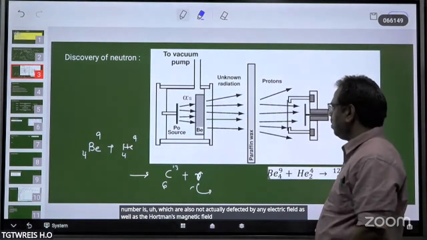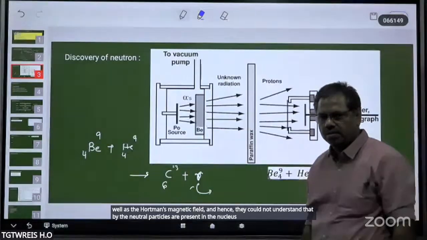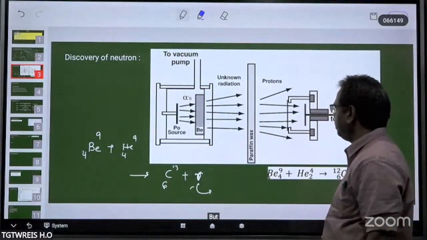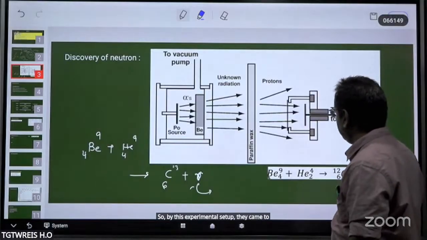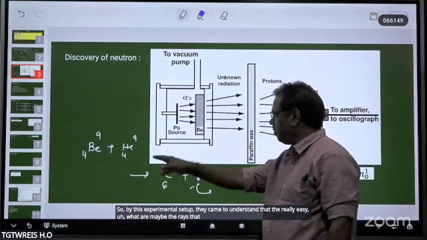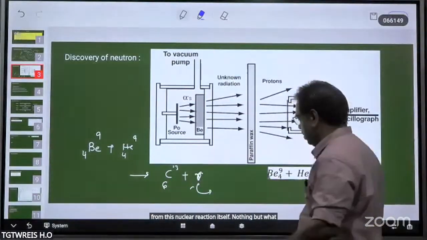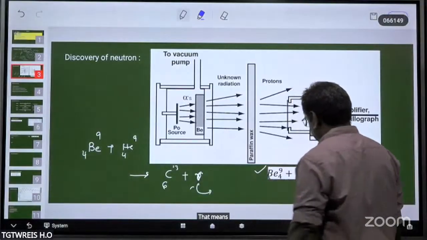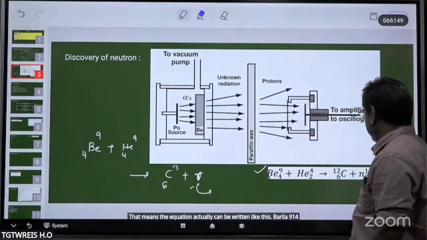Hence they could not understand whether neutral particles are present in the nucleus or not. But after careful observation, they understood that the rays coming out from this nuclear reaction are nothing but neutrons. That means the equation can be written like this: beryllium 9, 4 plus alpha particle.